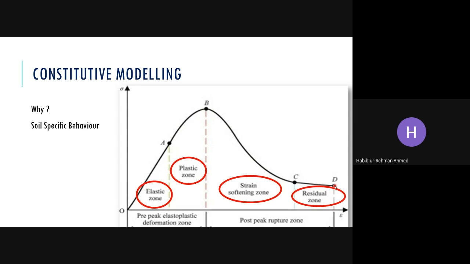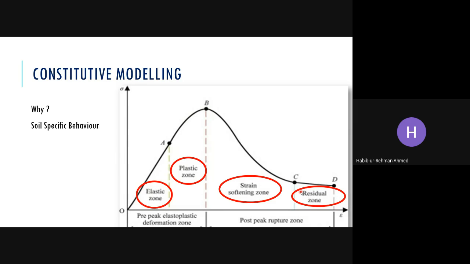So we'll have a residual end limit, and the start of the residual zone and the peak zone. If we can define all these points A, B, C, D, and these limits, then we can define mathematical models that can follow the curve or the behavior within each zone.